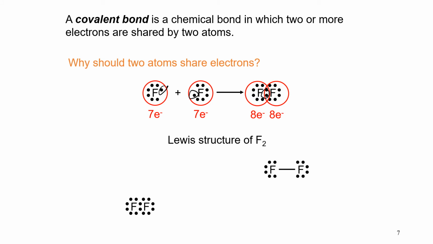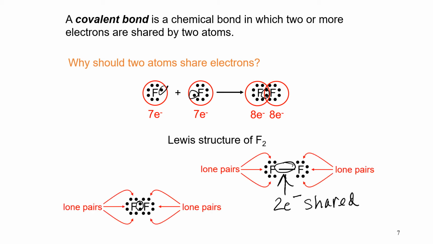So rather than showing that bond as 2 individual dots, we represent it by a single line. So that means there are 2 electrons being shared between those 2 fluorine atoms. Okay? Other terminology, we also call these bonding electrons.